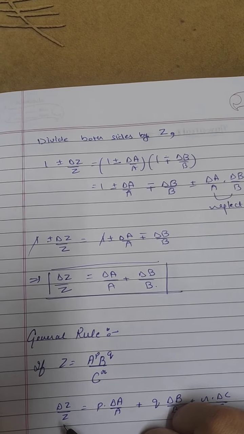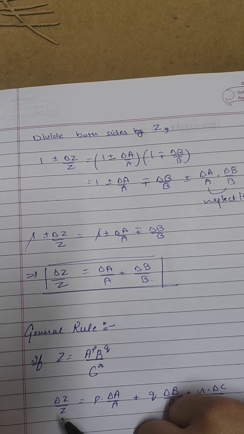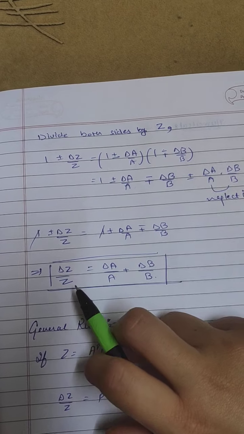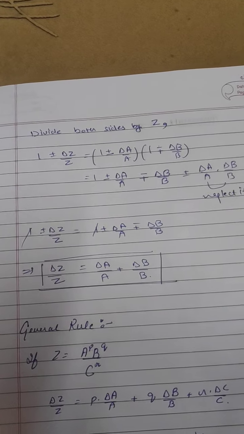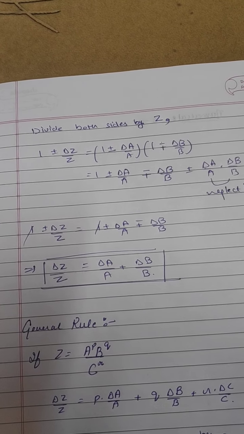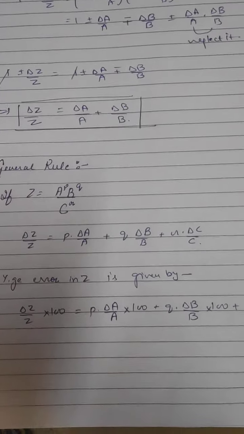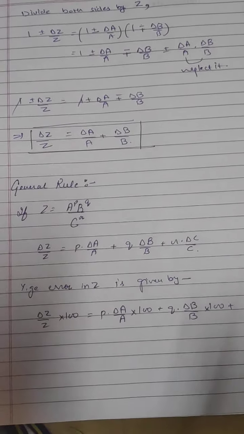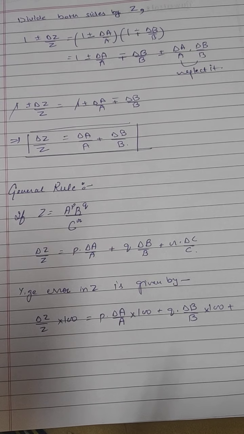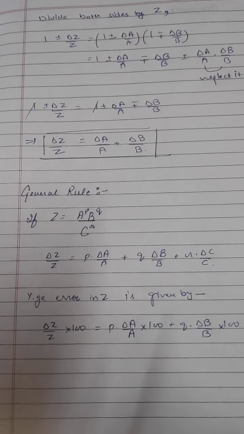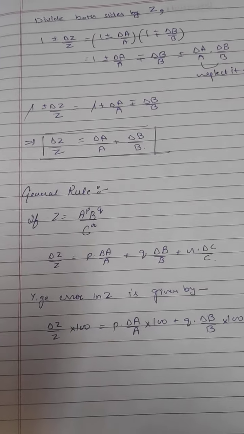So for the case of multiplication and division, your error behaves in a similar way, that is delta z by z is equal to delta a by a plus delta b by b, meaning these fractions you have to add. Now another general rule which we will discuss: if z is equal to a raised to power p, b raised to power q and c raised to power r, and if I want to find delta z by z, how will I find it?